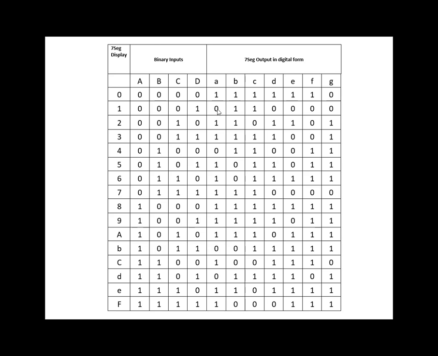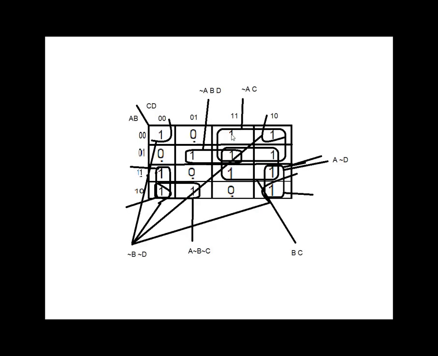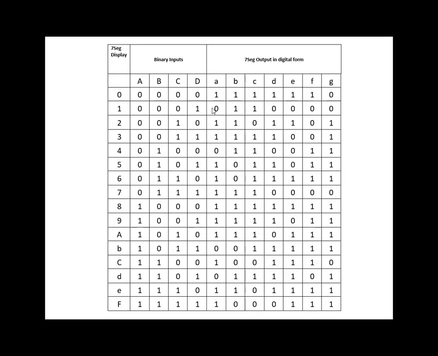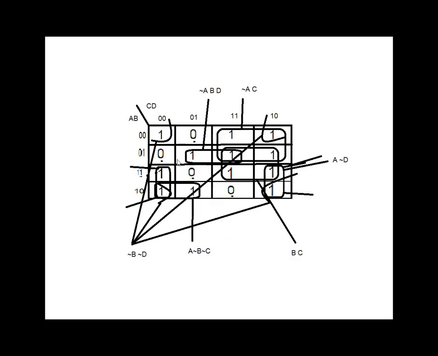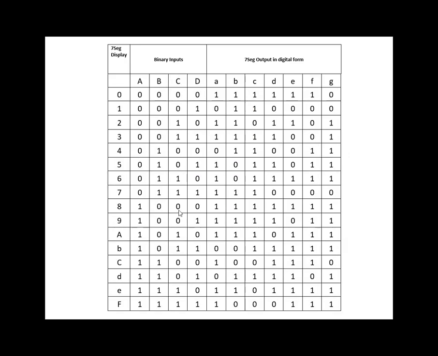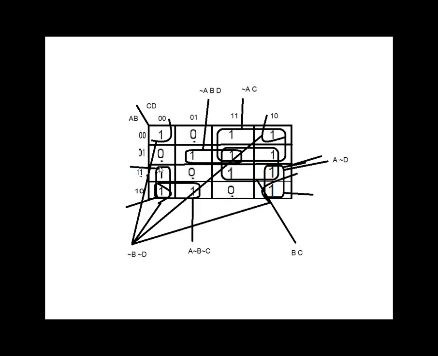So if you see 1 0 1 1, 1 0 1 1, 0 1 1 1 0 1 1 and 1, 1 1 1, 0, because it is 1 0 0 here, so 1 1 1 and 0.